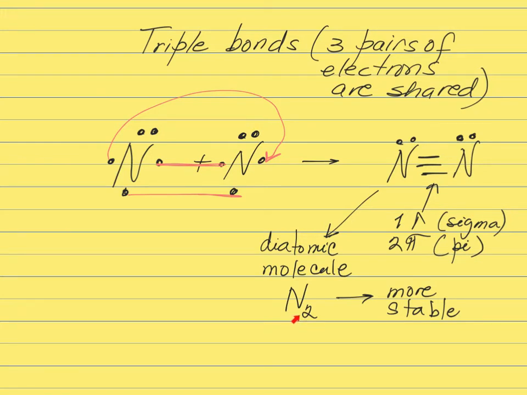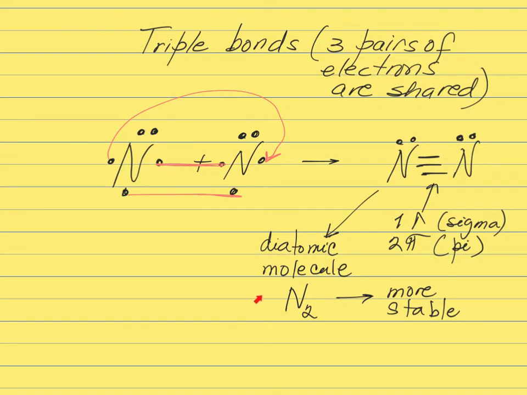Since you have 2 atoms of the same element with the same electronegativity, the difference in electronegativity is going to be equal to 0. So every time that you have a diatomic molecule, those molecules are non-polar because they are sharing the electrons equally.